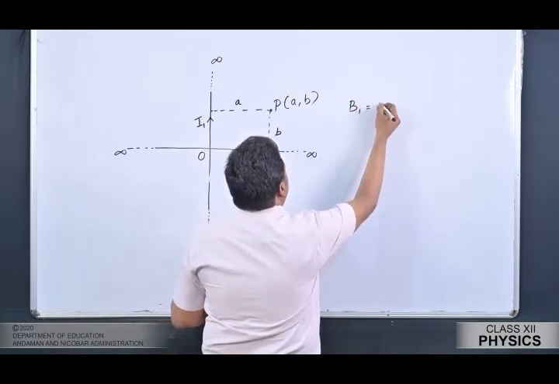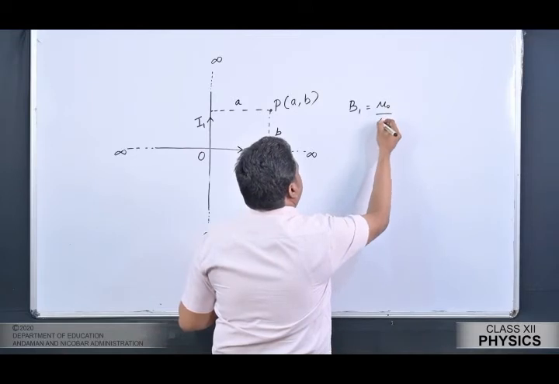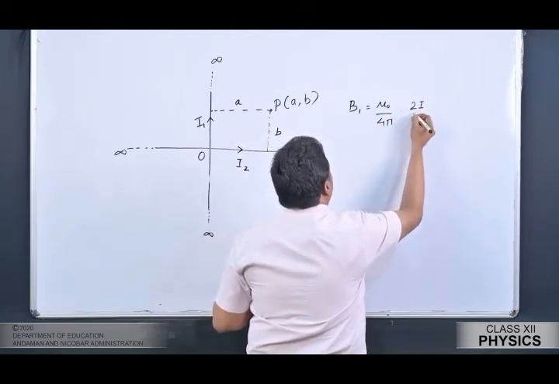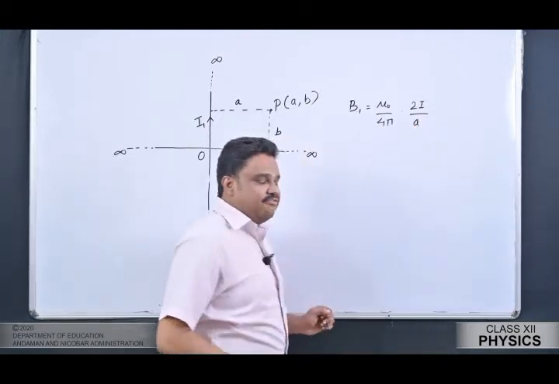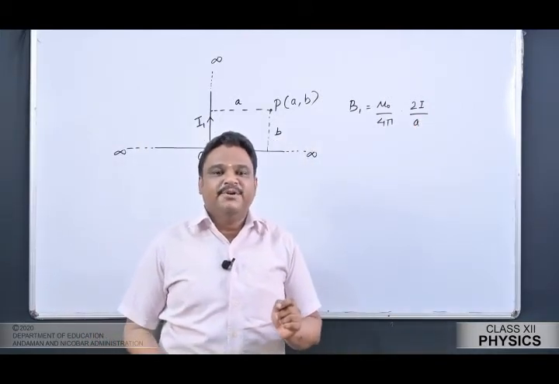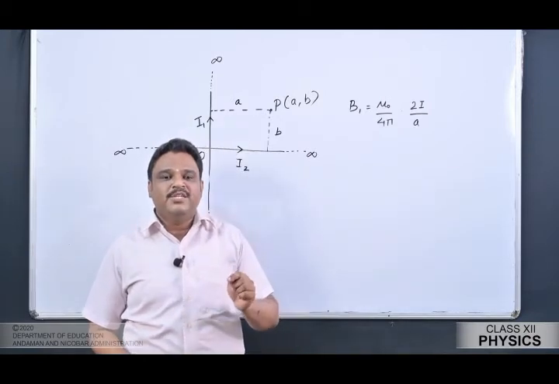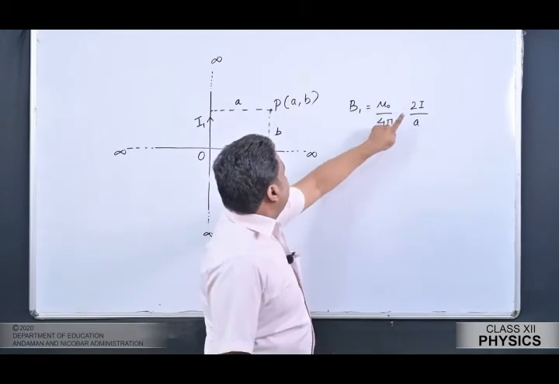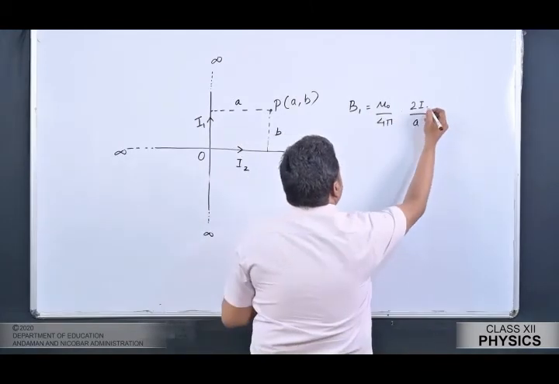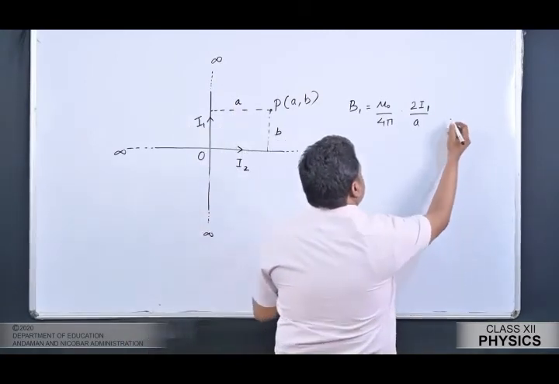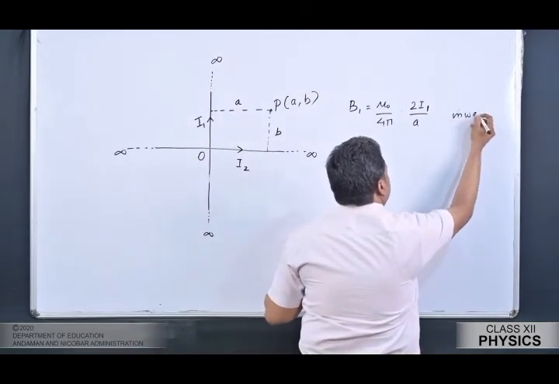For an infinite straight current carrying conductor, it will be mu naught by 4 pi 2I by A. So here B1 is mu naught by 4 pi 2 I1 by A, where the location distance is A, and it acts inwards.